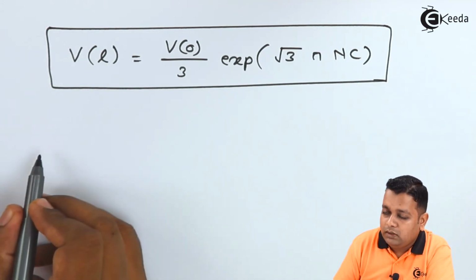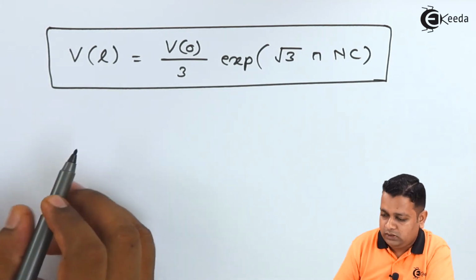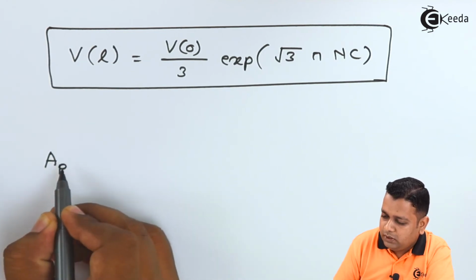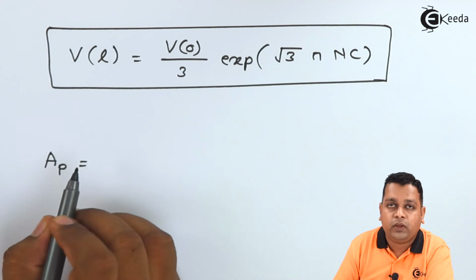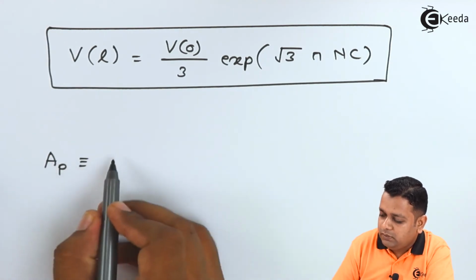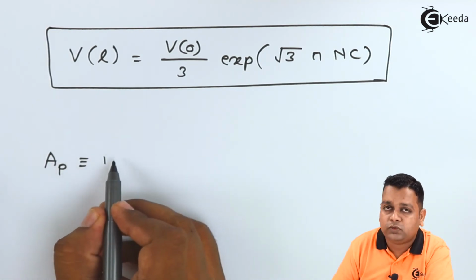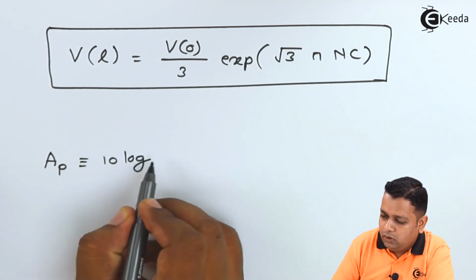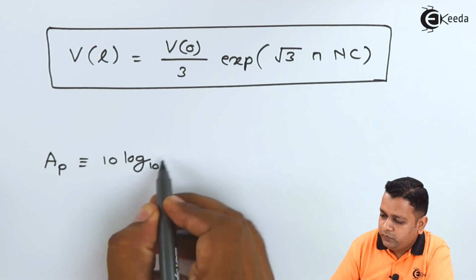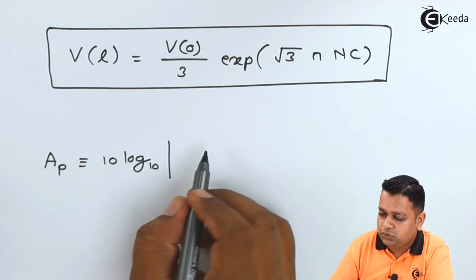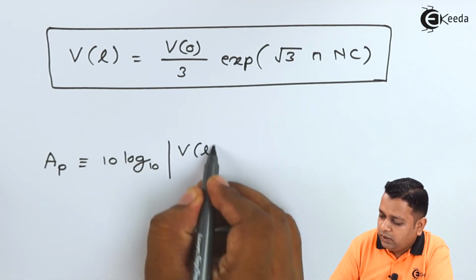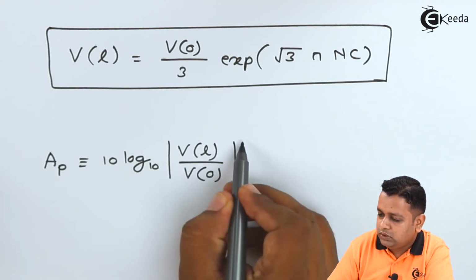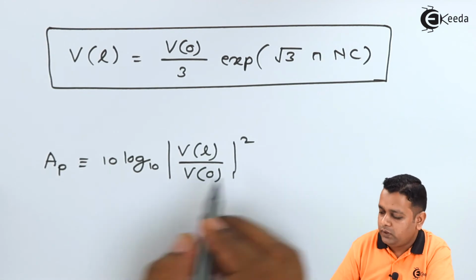Therefore we can write down the output power gain. So output power gain we can denote capital A suffix P here, and it can be simply represented in terms of decibels, that it will be 10 log to the base 10 for the mod ratio here V of L divided by V of 0. So this mod is squared here.